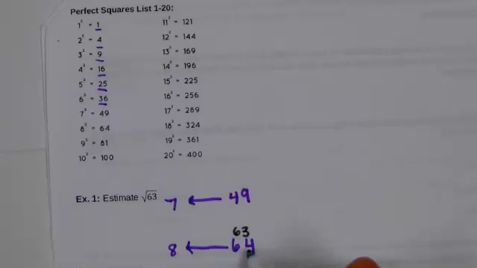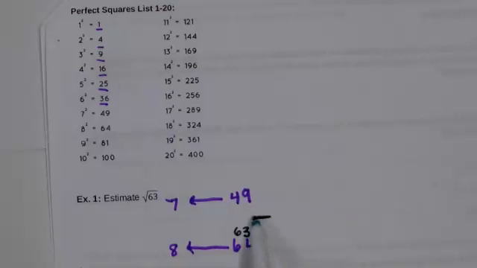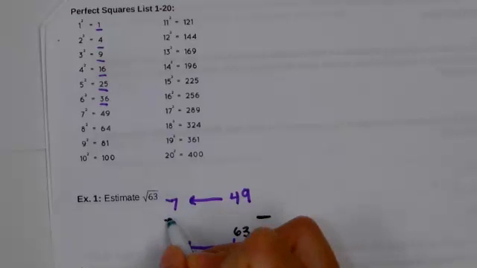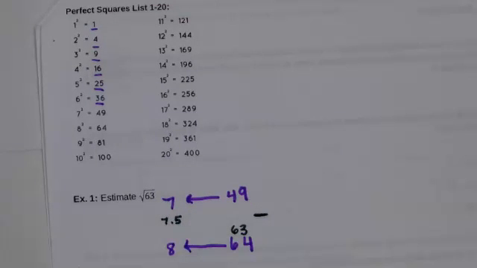And in the middle of 49 and 64, I'm going to put a middle line, okay? Now, I know the exact middle of 7 and 8 would be 7.5, right? So since 63 is super close to 64, that means the square root of 63 should be super close to 8, but not going over 8.